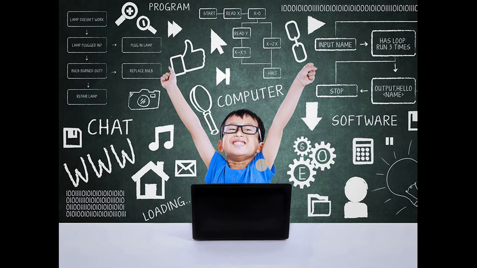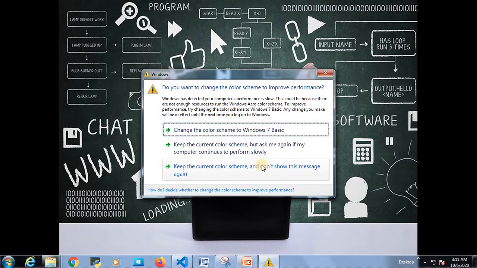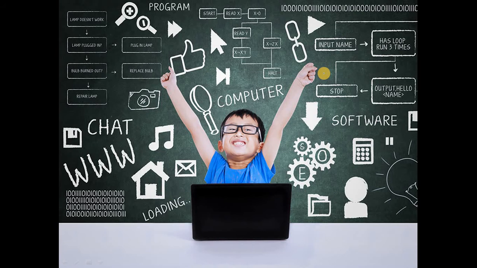Another nice thing is that every child can do coding. These are the main fundamentals that a child needs to learn. For example, if the lamp doesn't work: is it plugged in?